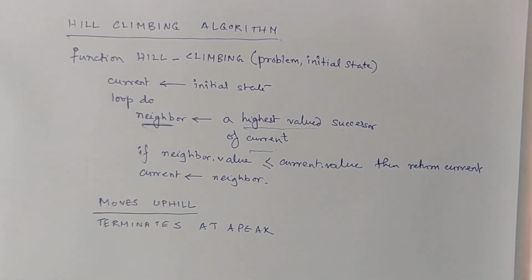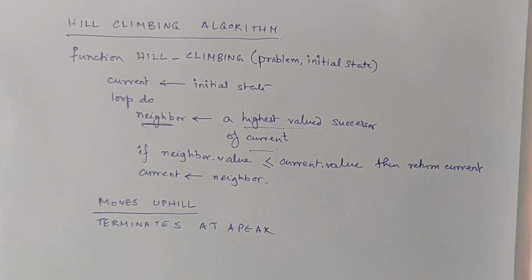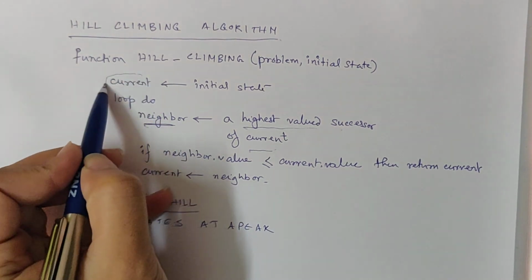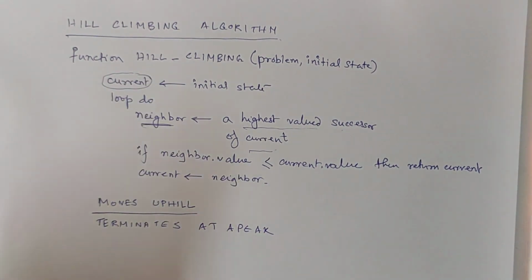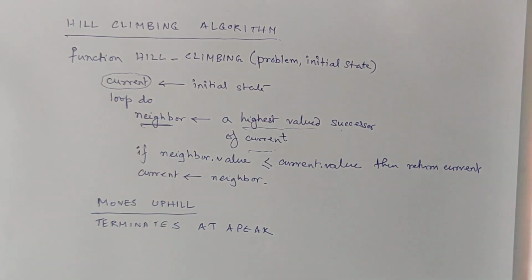What do I mean by peak? That is, no neighbor has a higher value. Also, you should see that the algorithm does not require a data structure as such for the current node, because you only work with a single node at a time. You don't have to maintain one search tree.